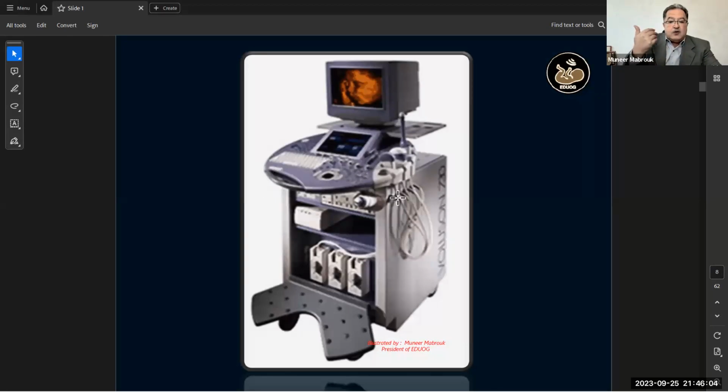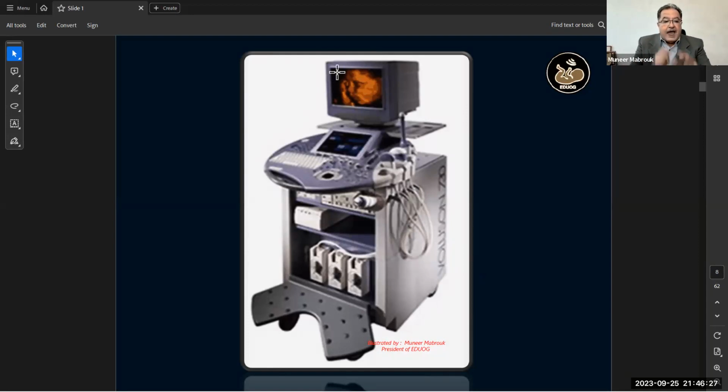And the reflected echo comes back to the same element. Now the same element does both. It converts the electricity into sound and converts the coming back echo also to electricity back to the transducer. And then what is received here by the receiver goes to the screen.